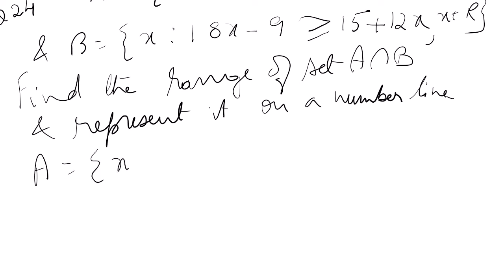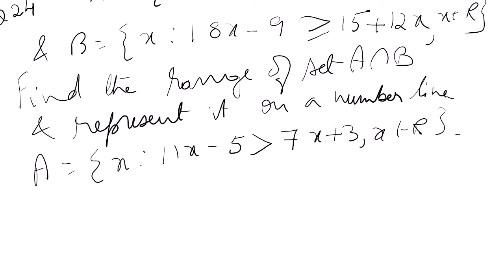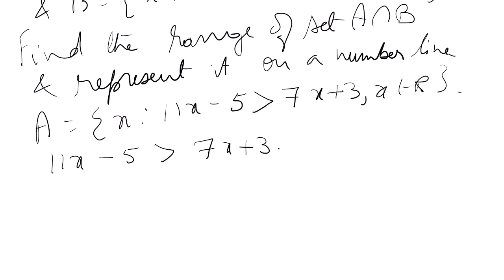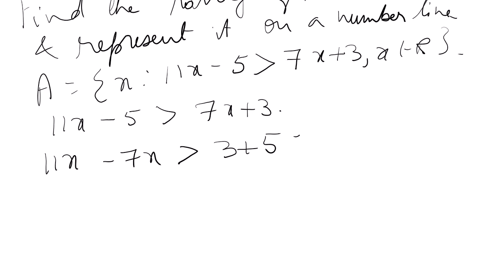A is given as set of all x such that 11x minus 5 is greater than 7x plus 3, x belongs to R. First you consider 11x minus 5 is greater than 7x plus 3. So it will become 11x minus 7x is greater than 3 plus 5, which implies 4x is greater than 8, or x is greater than 2.